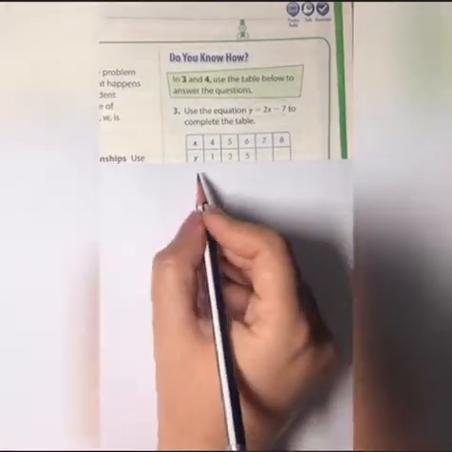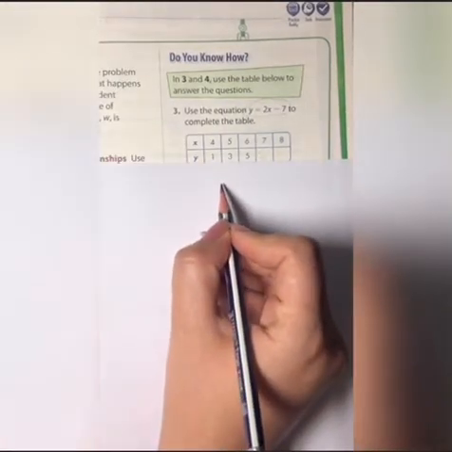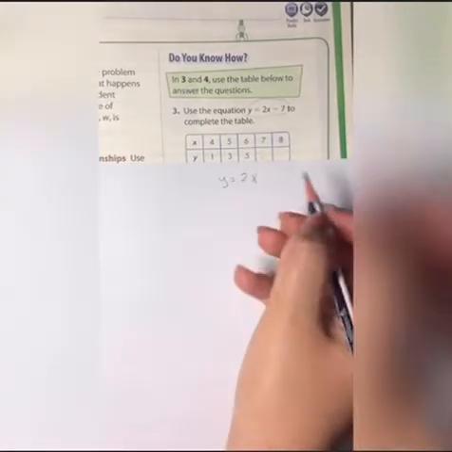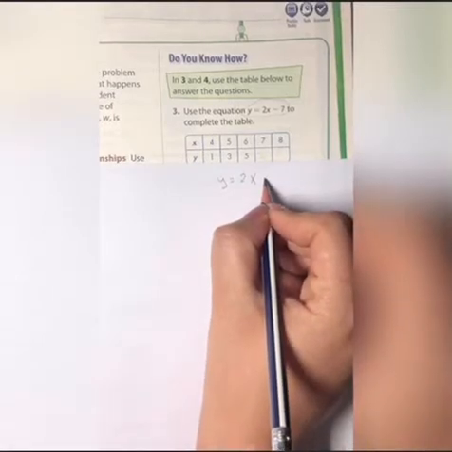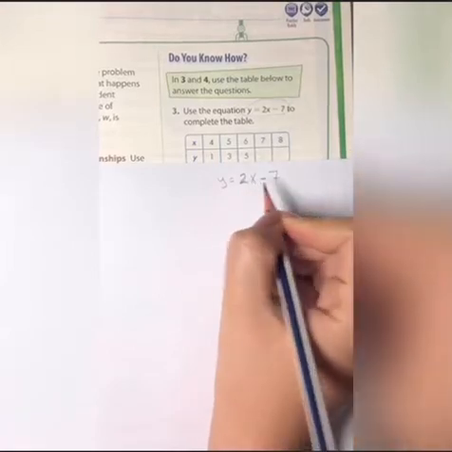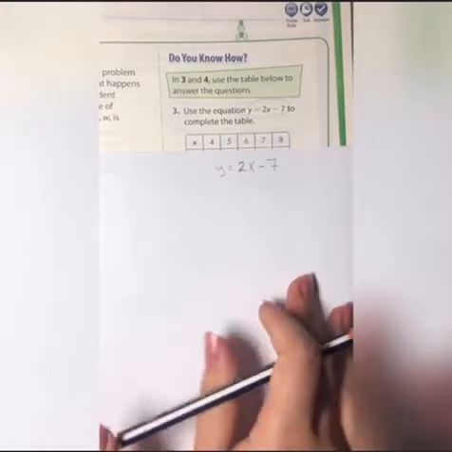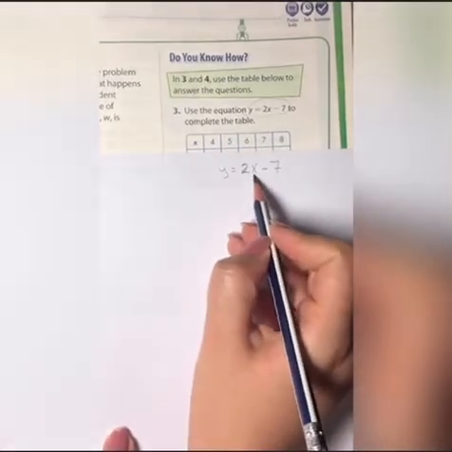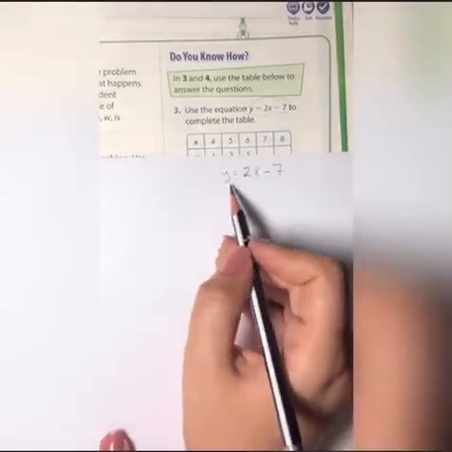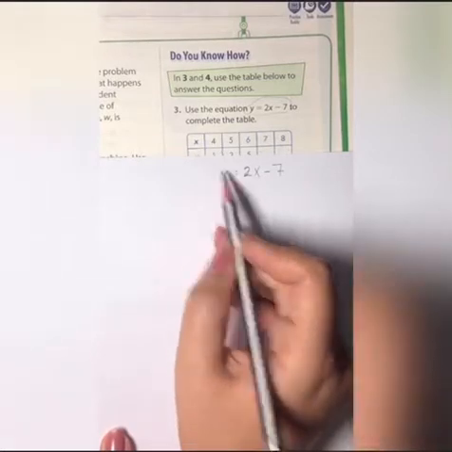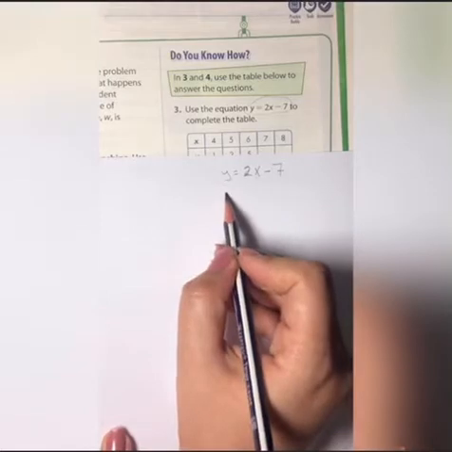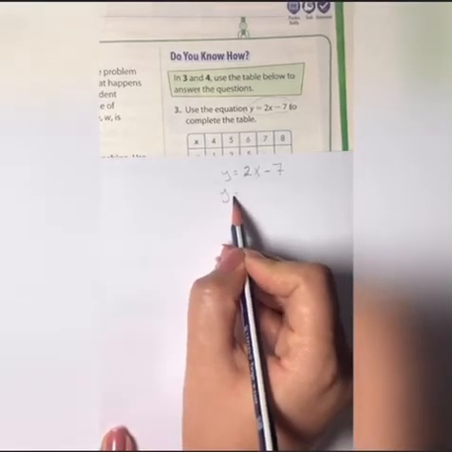We will write our equation again: y equals 2x negative, or we can say minus 7. This one is y and that's the x. We need x to fill this. If we write 4 in place of x, we will get y.